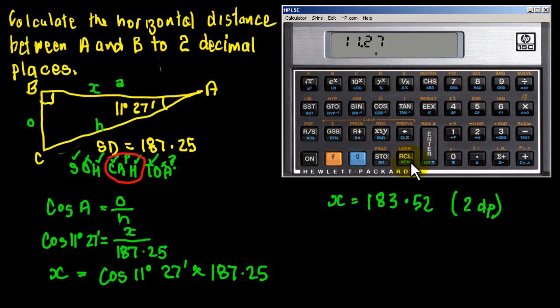Now we've got to convert that to degrees and decimals. Use the to-hours one. Take the cosine of that, and then we multiply that by 187.25 times, and we get 183.5234. Once again, 2 decimal places, 183.52.